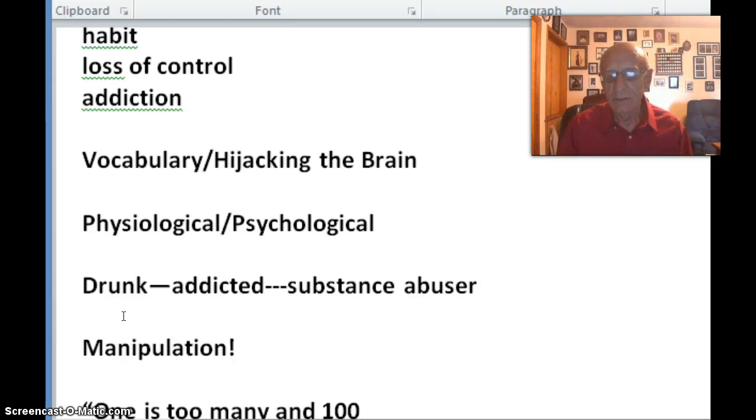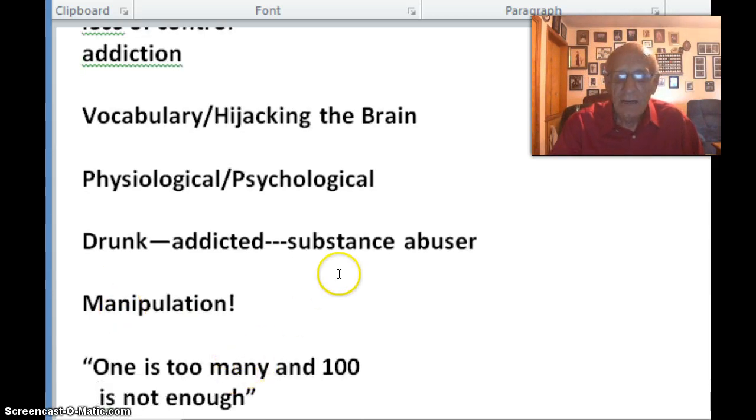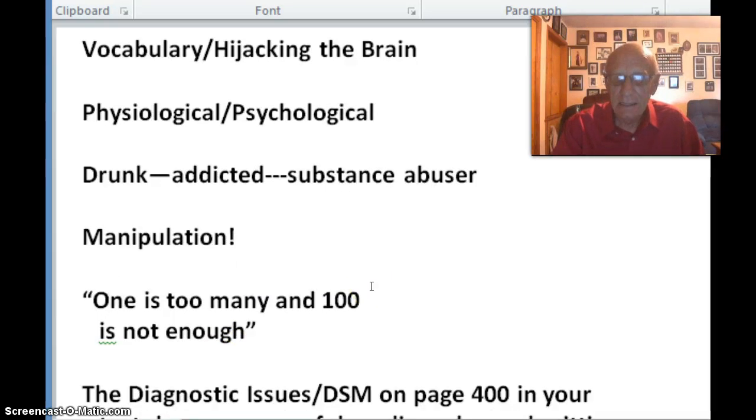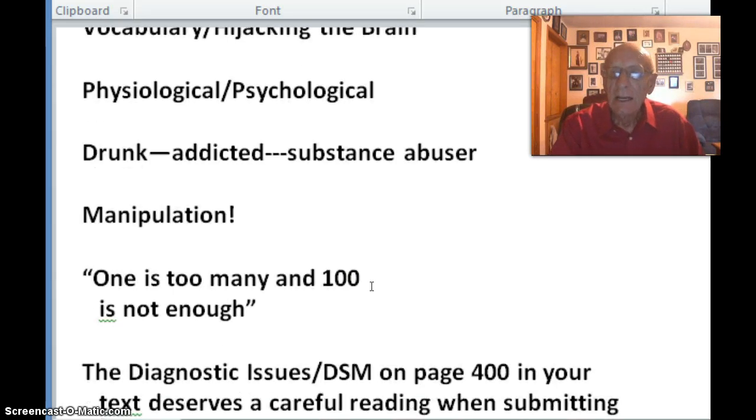And if individuals prefer someone to be politically correct, I think that's fine, I may not necessarily find it here. Individuals who are addicted, either addicted to a behavior or addicted to a substance, have one characteristic in common, and that is manipulation.